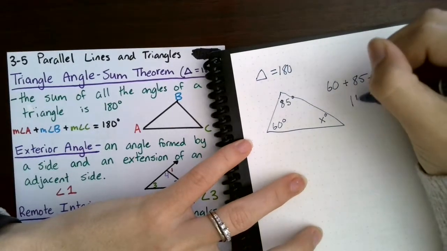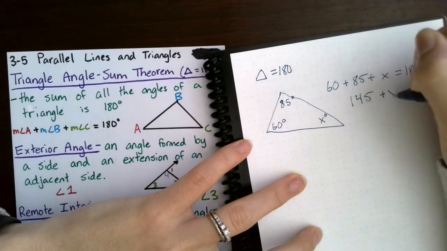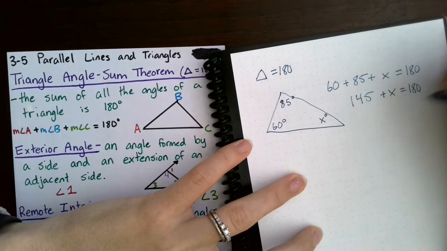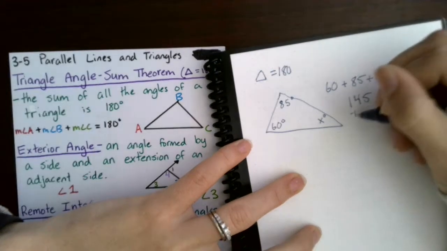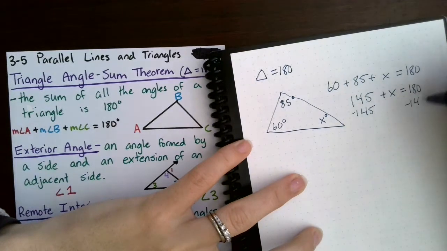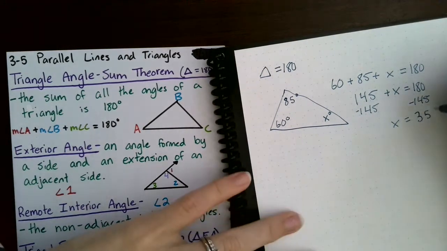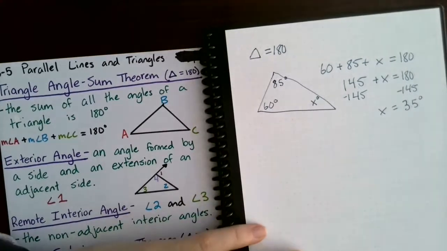So I get 145 plus x equals 180. So add them together and then subtract from 180. So I can see here that x equals 35 degrees. So that's what the measure of the angle is.